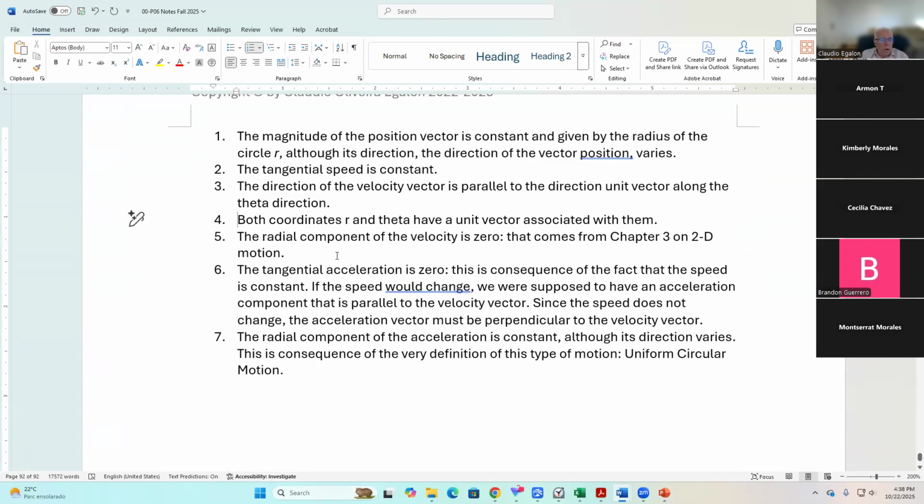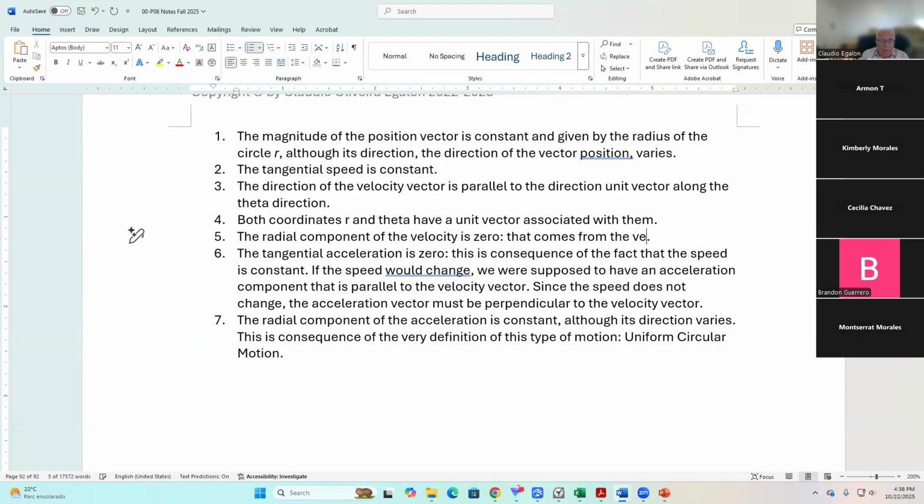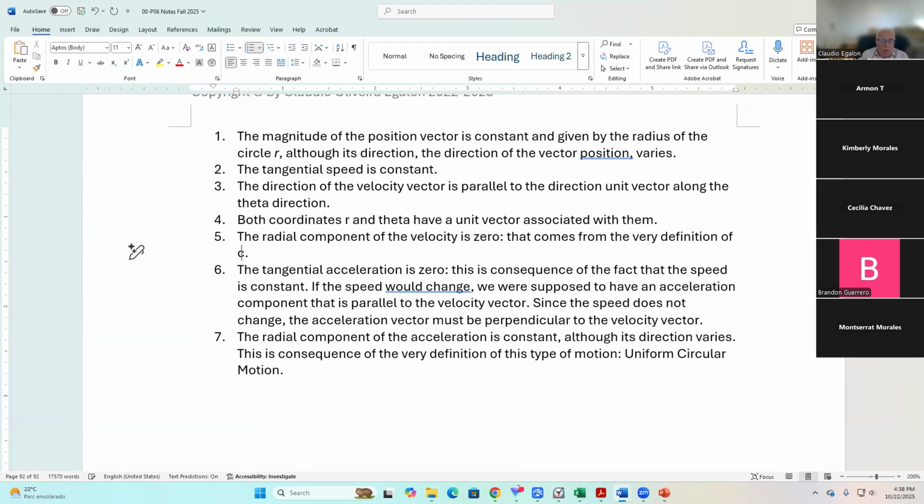The radial component of the velocity is 0. That comes not from chapter 3, but from the very definition of circular motion.